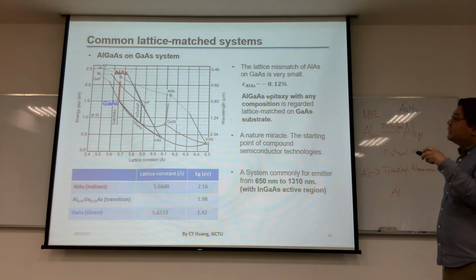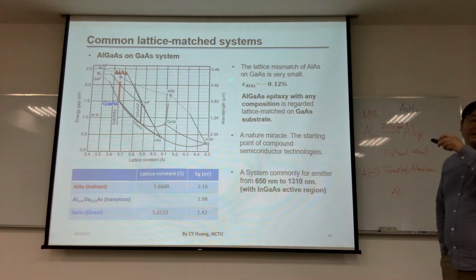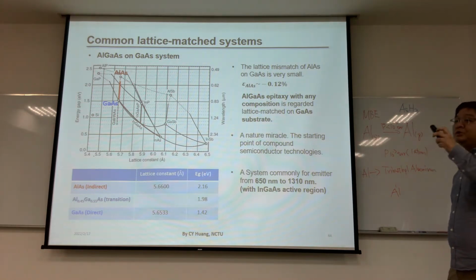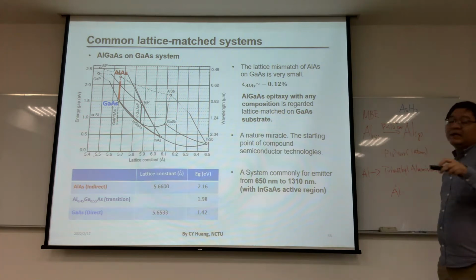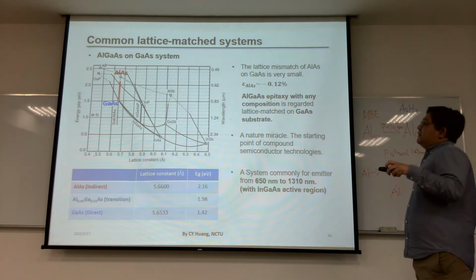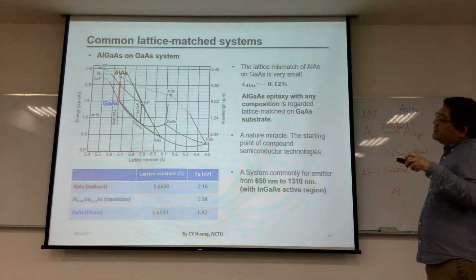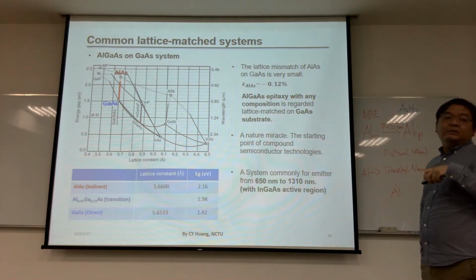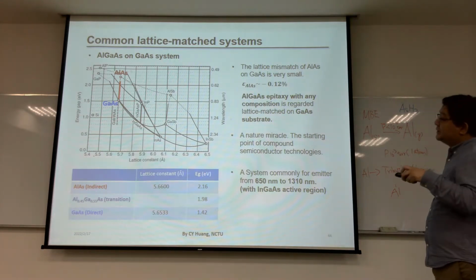Because you can grow very thick films with this amount of strain, we usually regard aluminum arsenide and gallium arsenide as a strain-free system. That means you can design the material along this line with different band gaps without great difficulties.